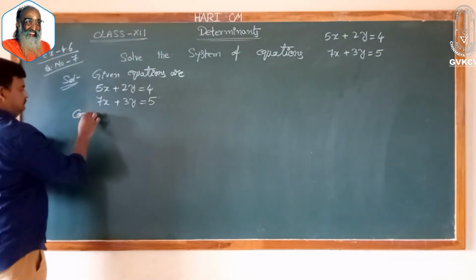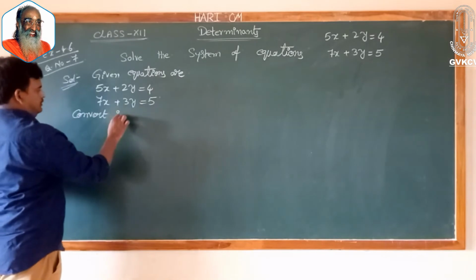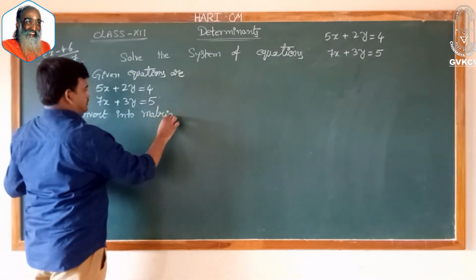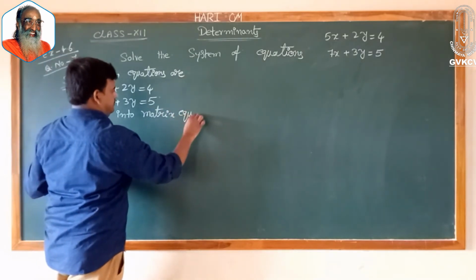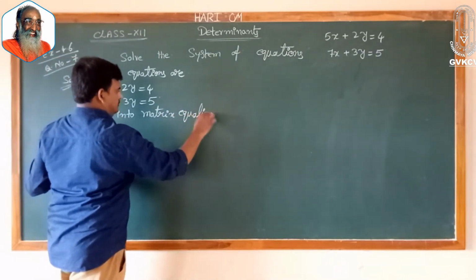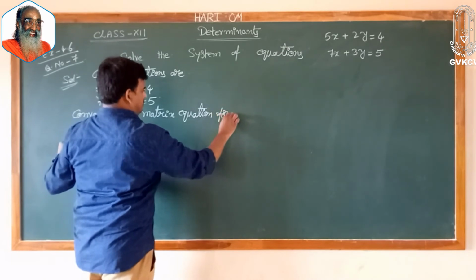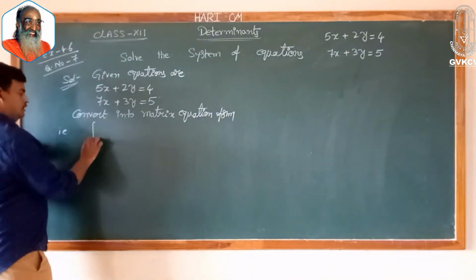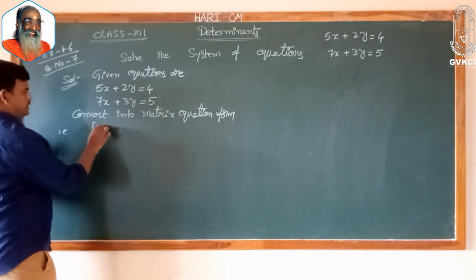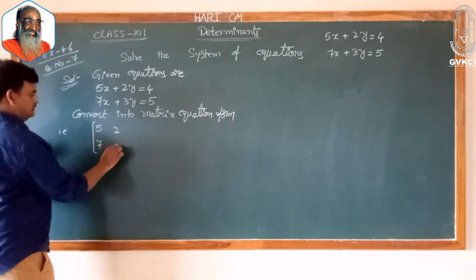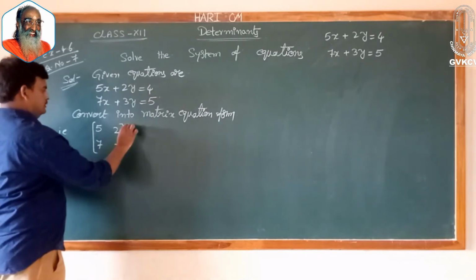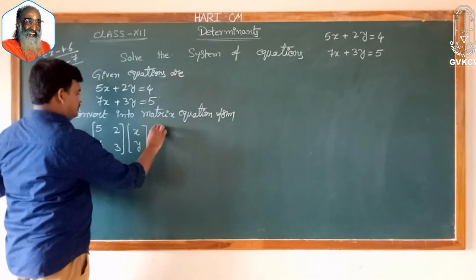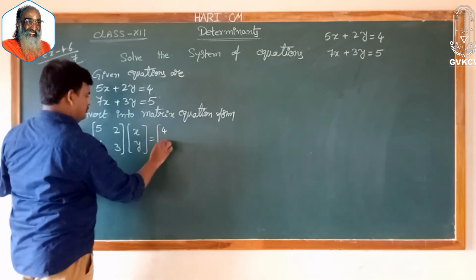Now convert into matrix equation form. That is, taking all coefficients 5, 2, 7, 3, taking all variables x, y, taking all constants 4, 5.